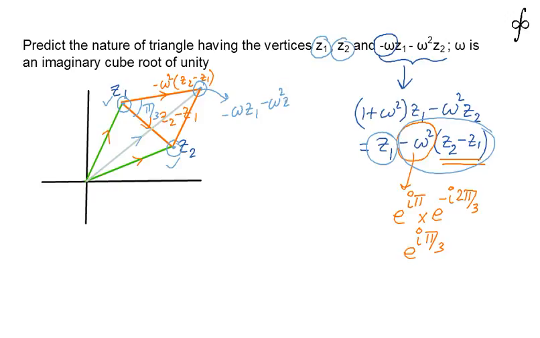Now we can see that this triangle is clearly an equilateral triangle, because this length and this length are equal, as we have rotated this vector keeping its magnitude intact, and the included angle is 60 degrees. So we can claim that the answer is an equilateral triangle. This is the nature of the triangle.